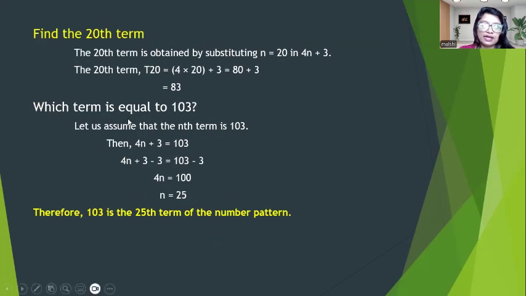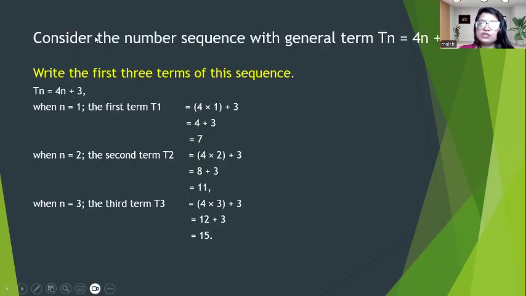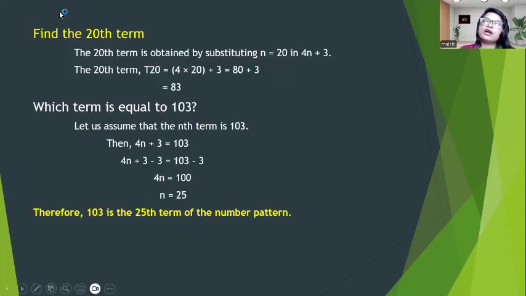Moving on to the next slide, find the 20th term. Using this general term, we can find the 20th term. As I mentioned on the slide, the 20th term is obtained by substituting n equals 20 in 4n plus 3.